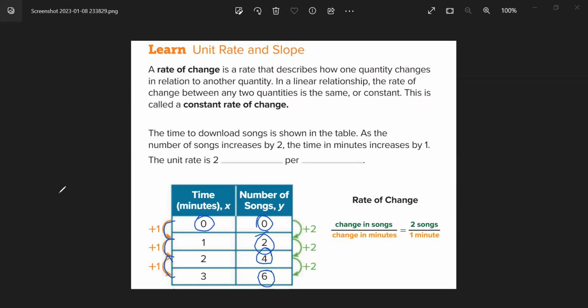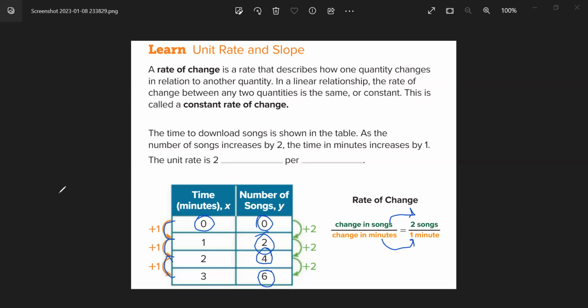So the rate of change is represented by the change in songs divided by the change in minutes. In this case, every time I download 2 songs, 1 minute passes. So I divide it. The time to download songs is shown in the table.